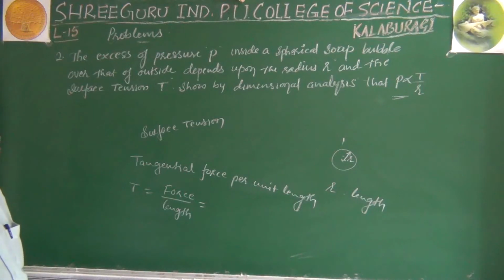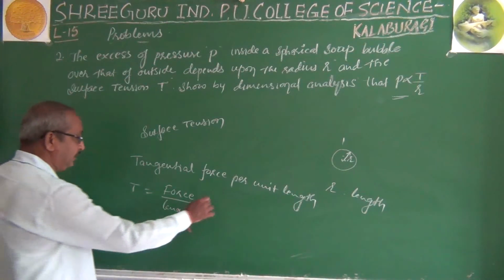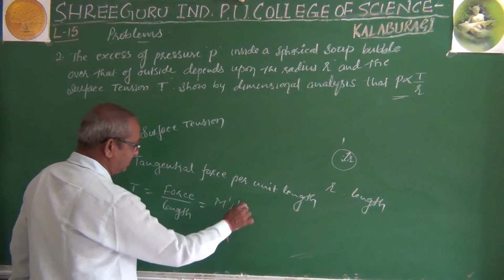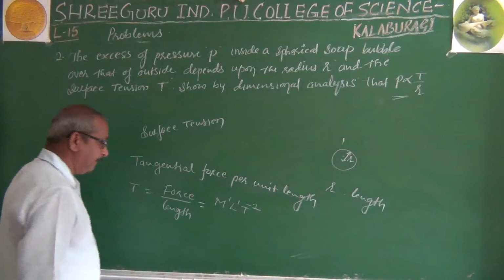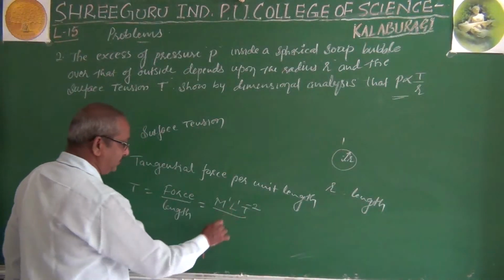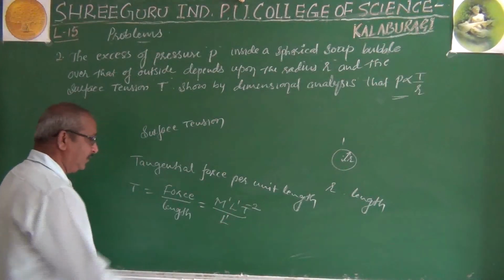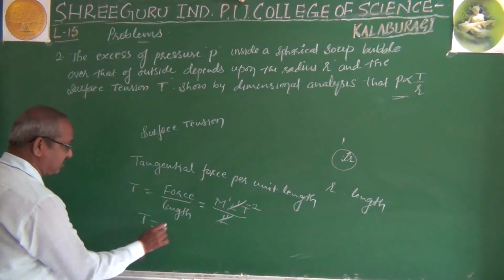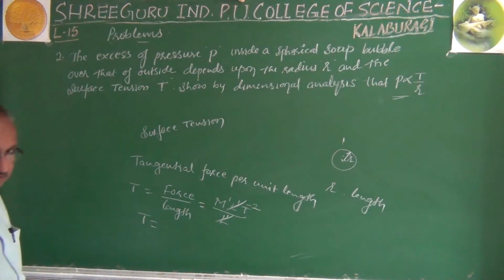I divided that expression for dimensions of force, and you got M raised to 1, L raised to 1, T raised to minus 2, divided by the length dimension, L raised to 1. Now this L raised to 1 and L raised to 1 will cancel. So for surface tension, here T is the surface tension.